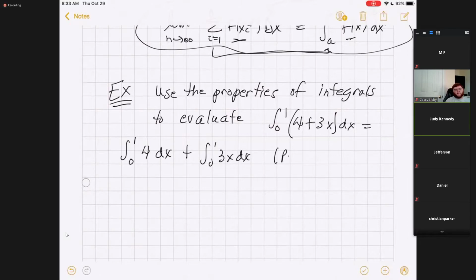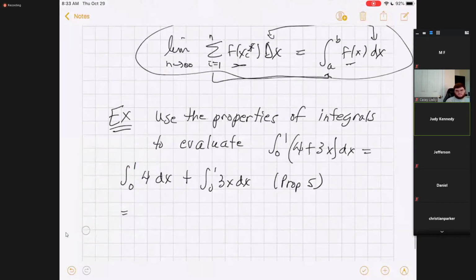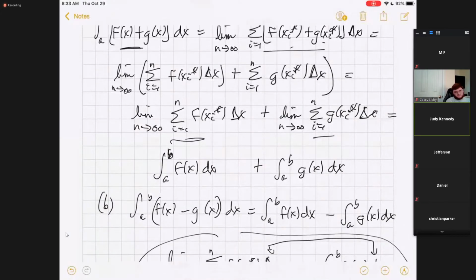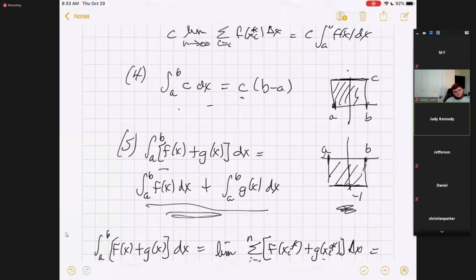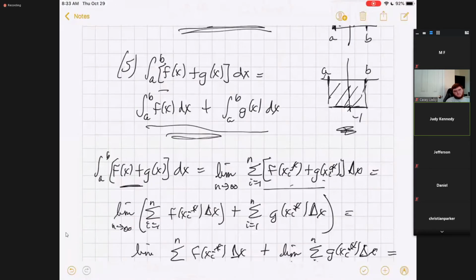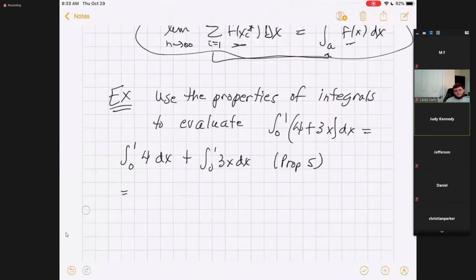This is property 5. And 4 is just a plain constant, and I'm going to be taking the area of a rectangle, so I can use rule number 4. So this would be 4 times 1 minus 0. That's property 4.